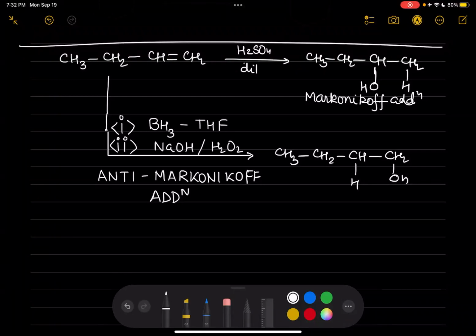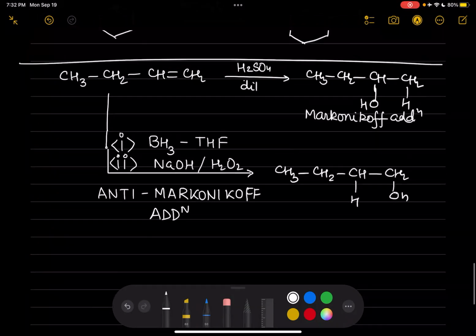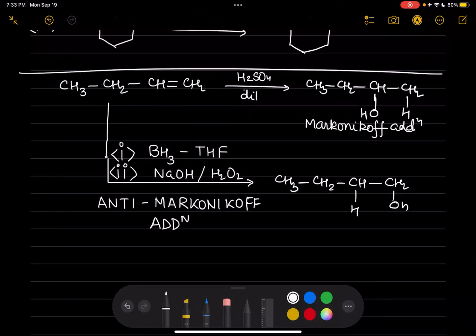Right? Is it clear? Yes, sir. So what is this method known as? I have written it in a condensed way by putting numbers. Actually, this is a set of two steps.